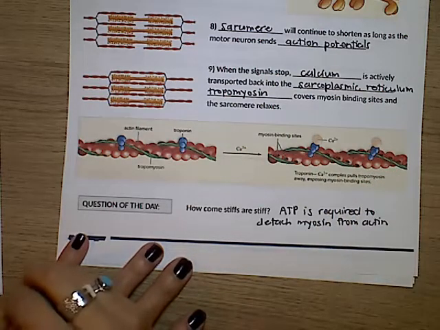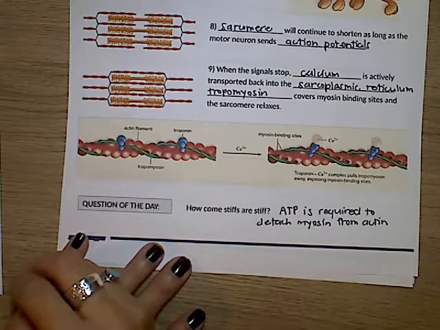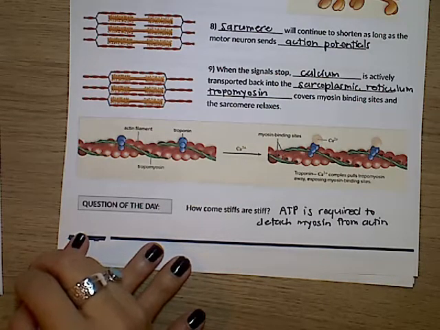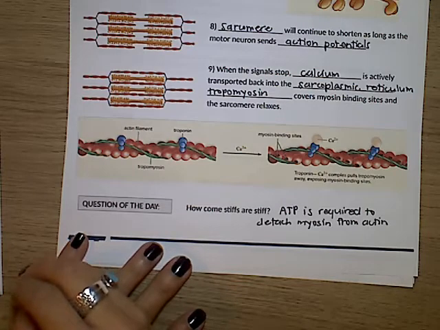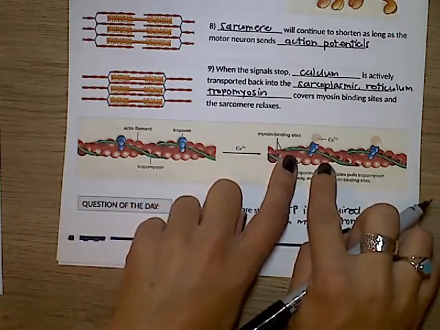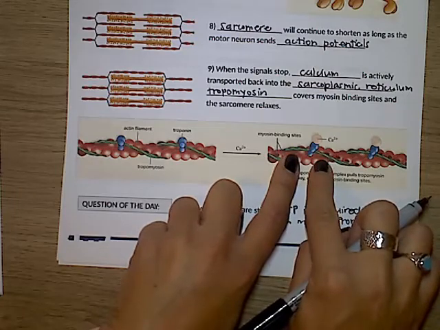When somebody dies, they're not breathing anymore, so you don't have oxygen to help you make ATP through cellular respiration, oxygen being the final electron acceptor. I'm going way, way back. So without ATP, the myosin heads are going to be stuck in the cocked position, the bent position.